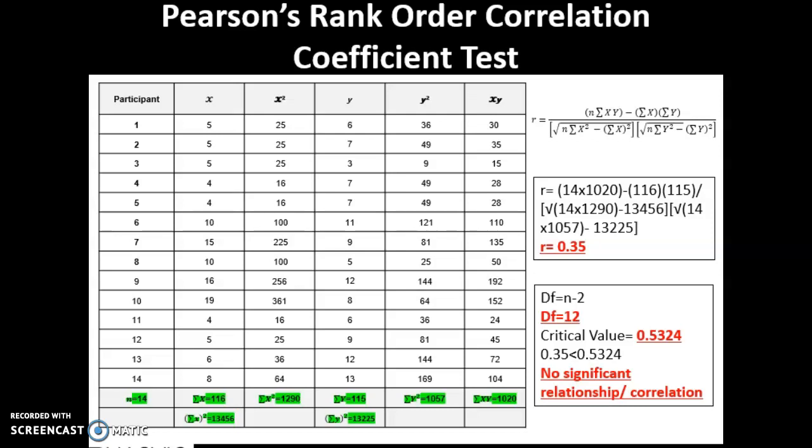The degree of freedom for this is n minus 2, so the degree of freedom is 12, and the critical value is 0.5324 when the level of significance is 0.05. This tells me that there is no significant correlation as the R value is smaller than the critical value. The R value gives the size and direction of the data.